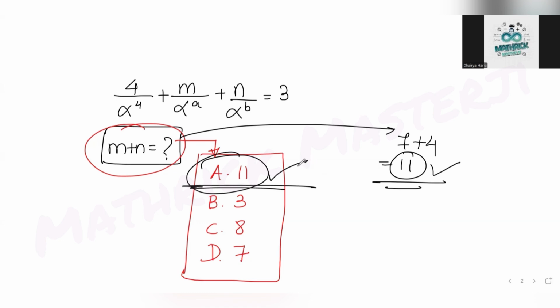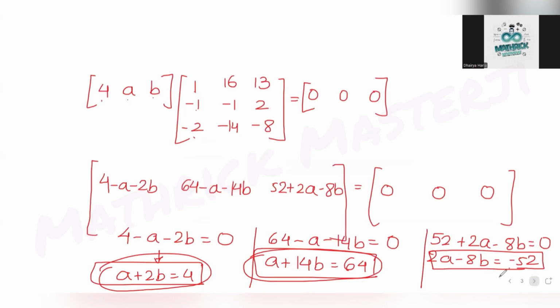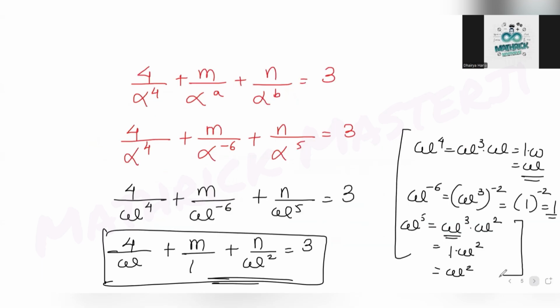I hope you have understood how to solve this type of questions, which deals with the ideas of using the concept of matrices, where we use the product rule of matrices, and then we use the complex cube roots of unity, which was omega cube equals 1.